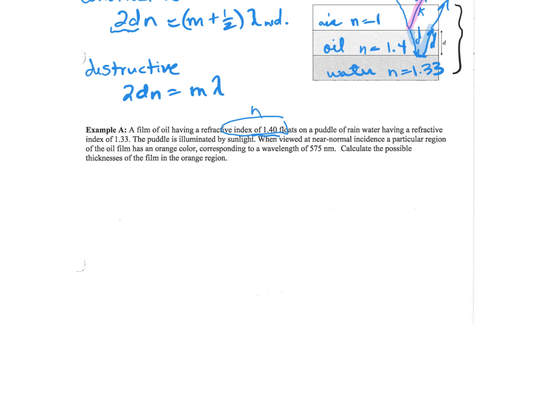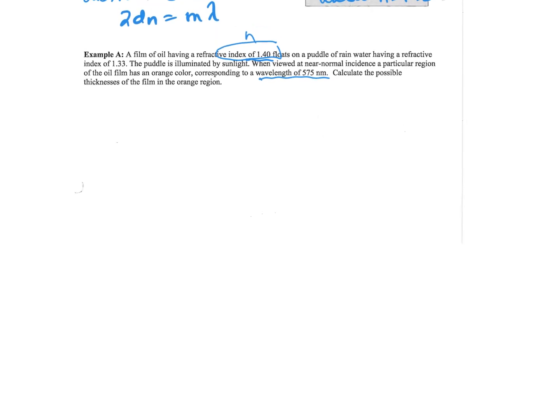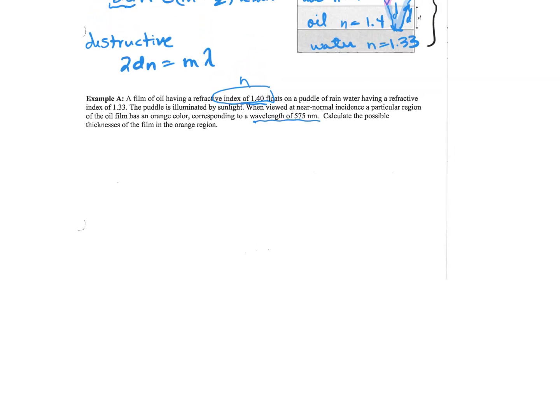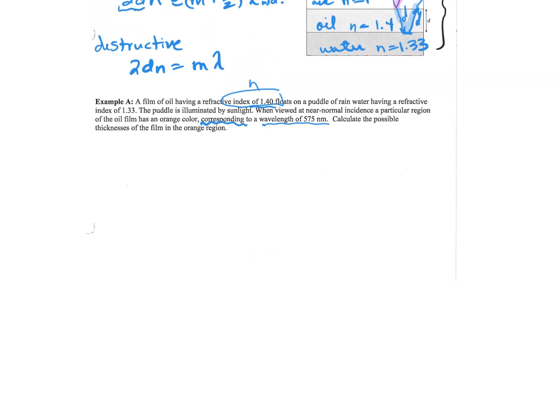It has an orange color corresponding to a wavelength of 575 nanometers. It says calculate the thickness of the film in the orange region. Because the color is showing up, it must be constructive.